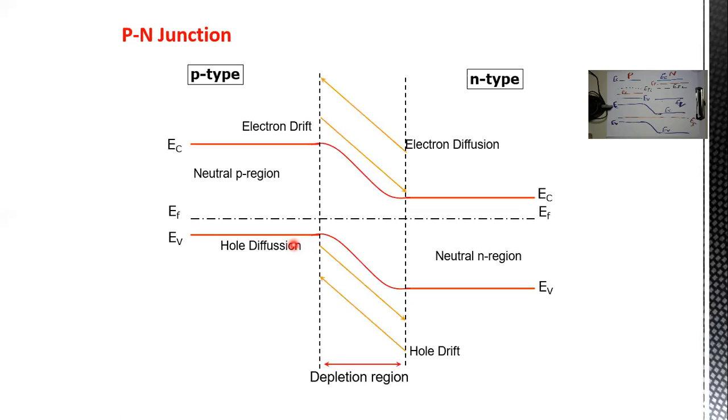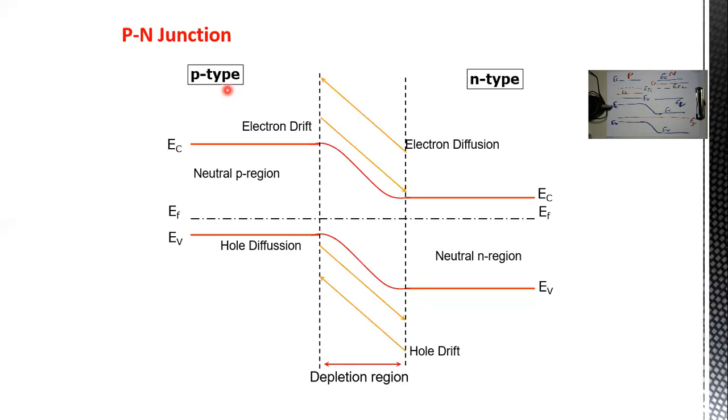But do we have a lot of electrons in the left-hand side? Let's check. The left-hand side is a p-type region. So the total number of electrons is very few. They are minority carriers. This is a very important point, my dear students. Whenever we have a p-type region, we have a huge number of holes and a lower number of electrons.